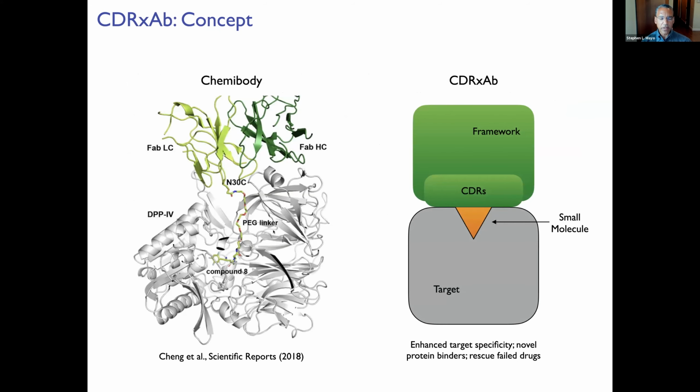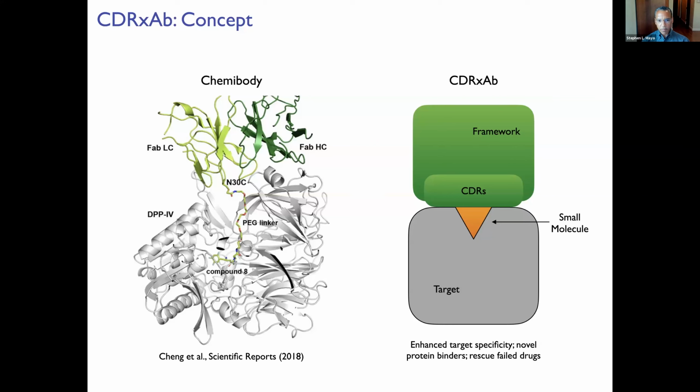So on the left is work out of Amgen published in 2018 that shows what they call a Chemibody. It's an antibody that has a covalently attached small molecule, sitagliptin in this case, binding to DPP4.